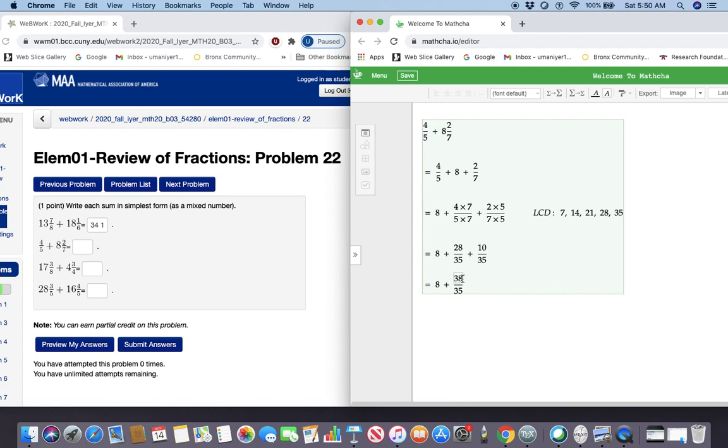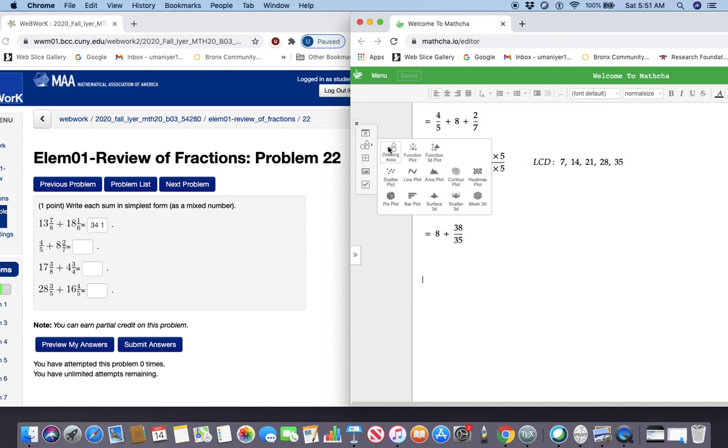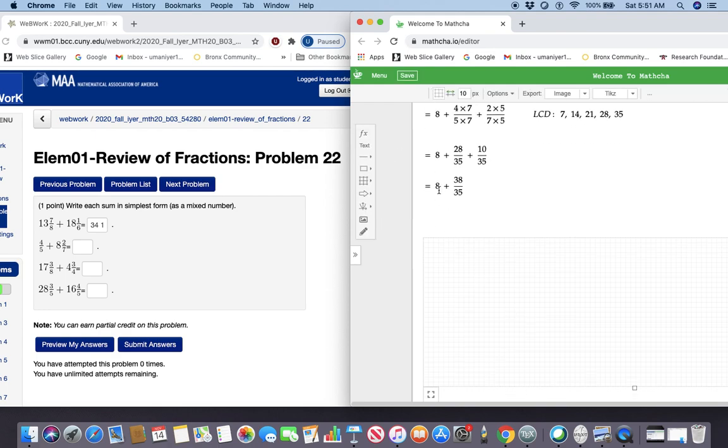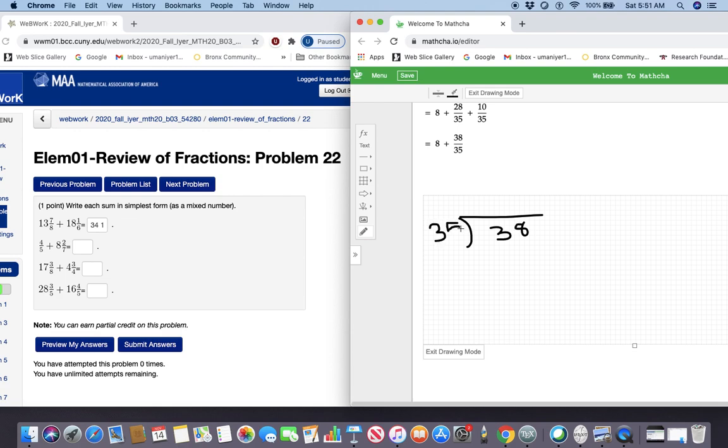Notice nothing reduces. 7 and 5, neither of them go there. So there is no reduction, but this is an improper fraction, so you can convert it into a mixed number. How do we do that? You write the numerator first. That goes inside, and you are dividing by 35. That goes outside. How many 35s go in 38?